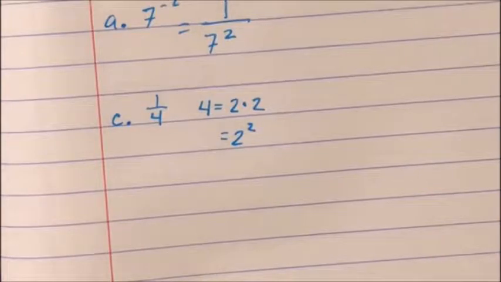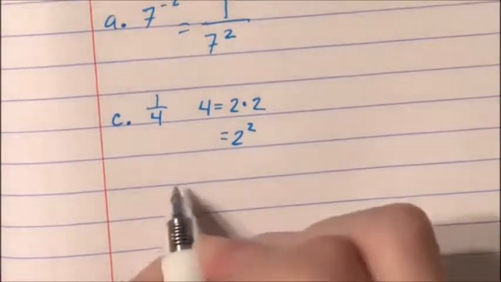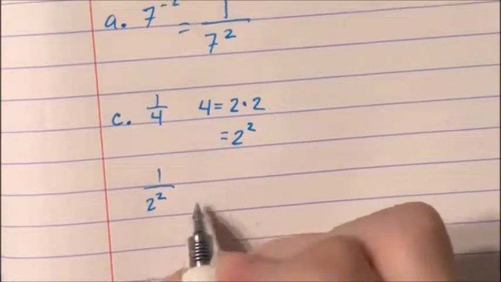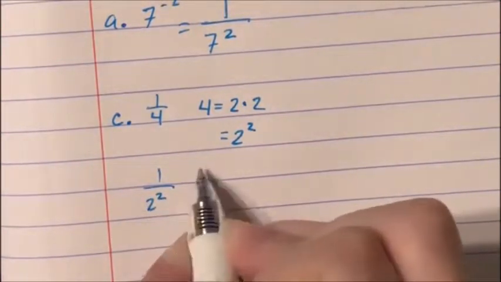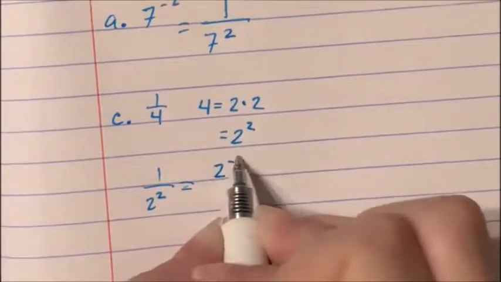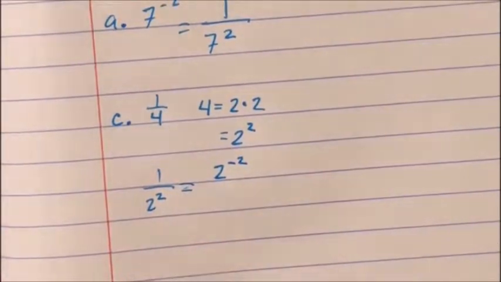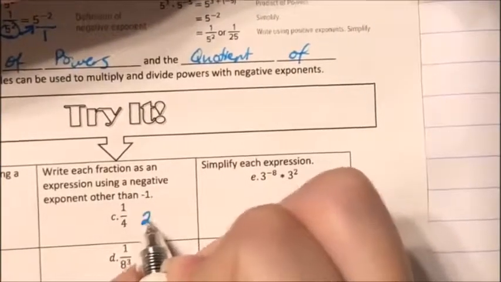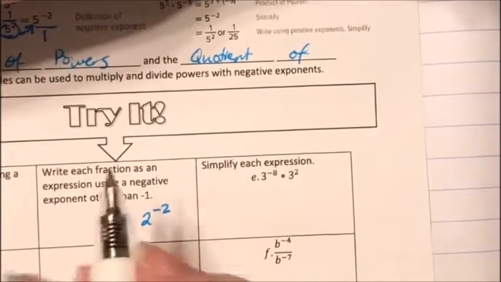I want to write this as a negative exponent though, okay? So right now I have 1 over 2 squared, which I can rewrite. I can take this and move it up, so I get 2 to the negative 2nd power. So C is 2 to the negative 2nd power, okay?